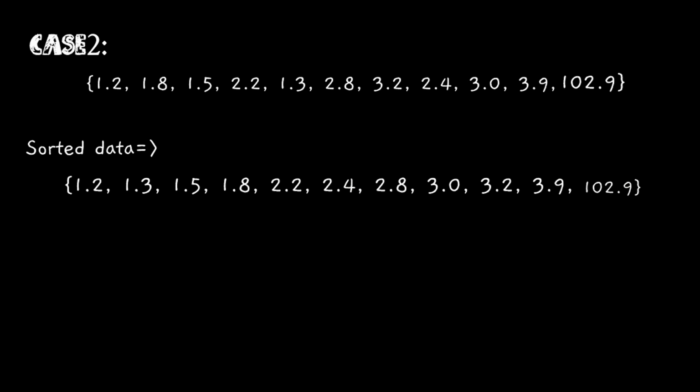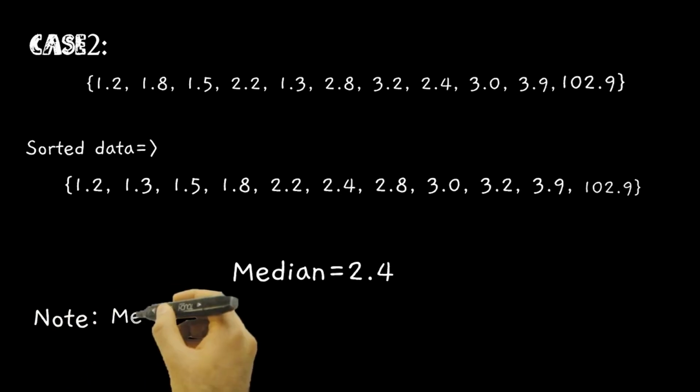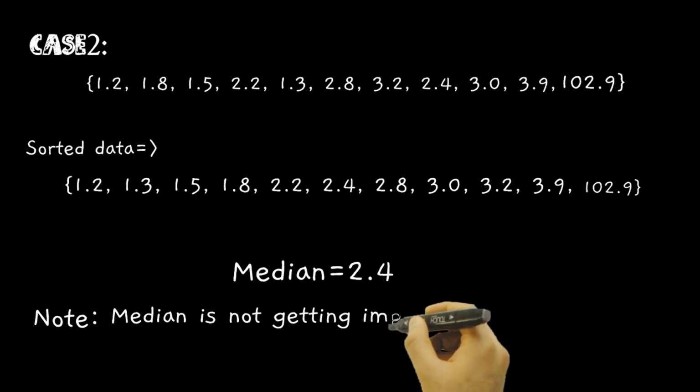Now we will pick the middle value. If you notice here, n is odd, so the middle value is the 6th observation, which is 2.4. In this case, the median is 2.4. If n is odd, then the middle value is n plus 1 by 2. Here we have observed that the median is not getting impacted by outliers.